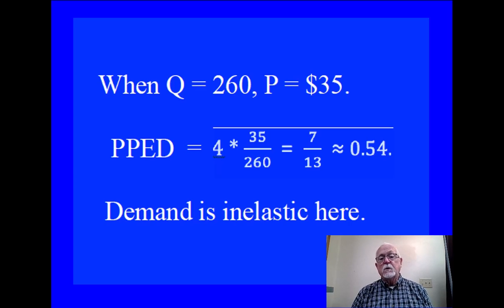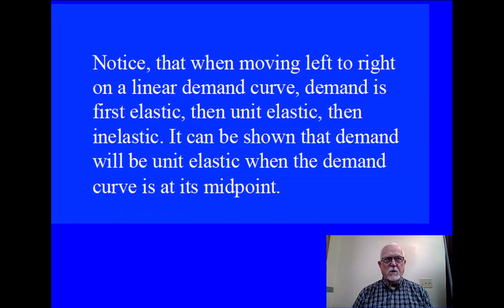Then we get an approximate value of 0.54, since that's less than 1. The top part is first elastic, left to right, starting toward the top left, then unit elastic, then inelastic. And if you're calculating right at the midpoint of a demand curve, that's going to give you a unit elastic calculation.